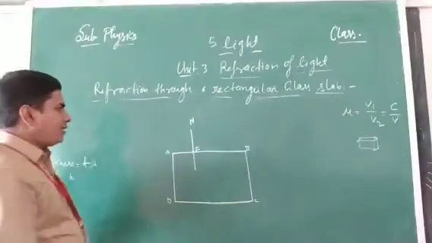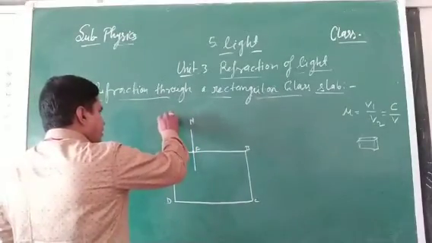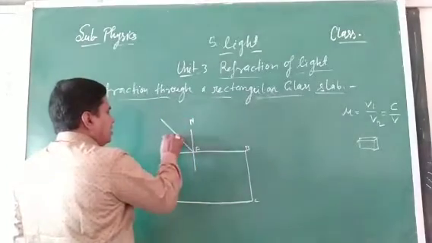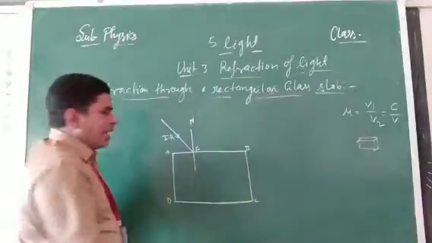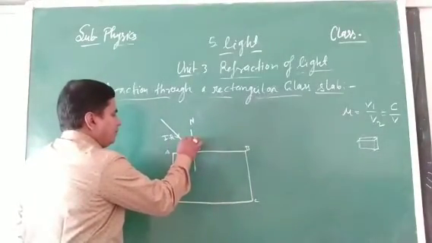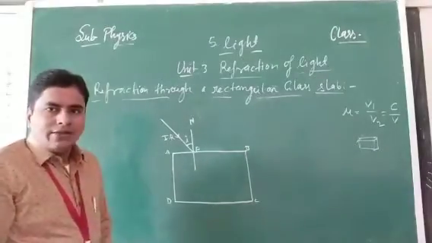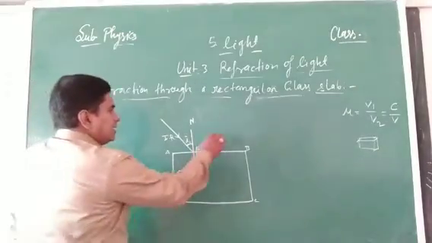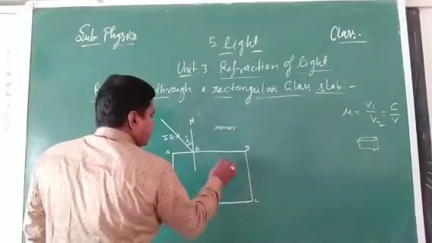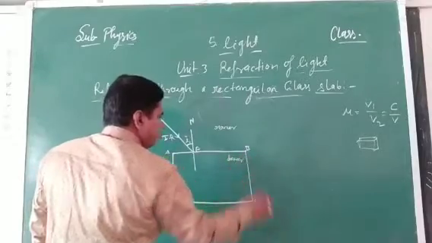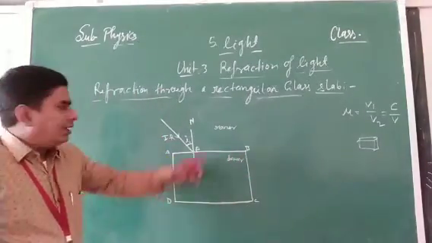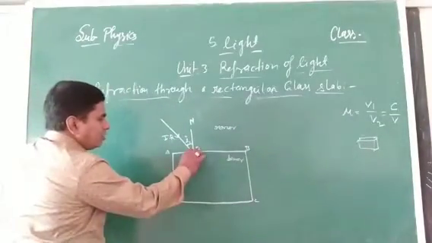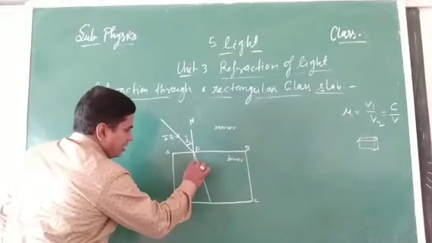Clear? So here, a light ray coming from the source strikes on this incident point. The incident ray makes an angle with the normal, the angle of incidence I1. Since the first medium is rarer and this is the denser medium, the ray will bend towards the normal.